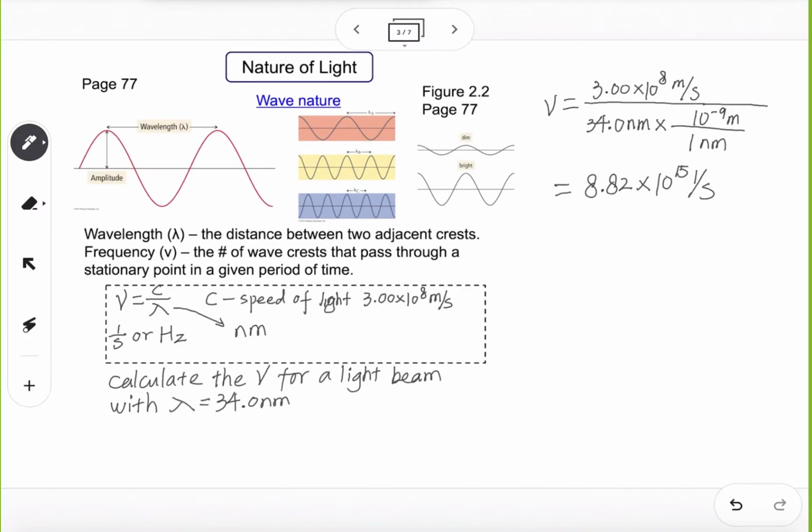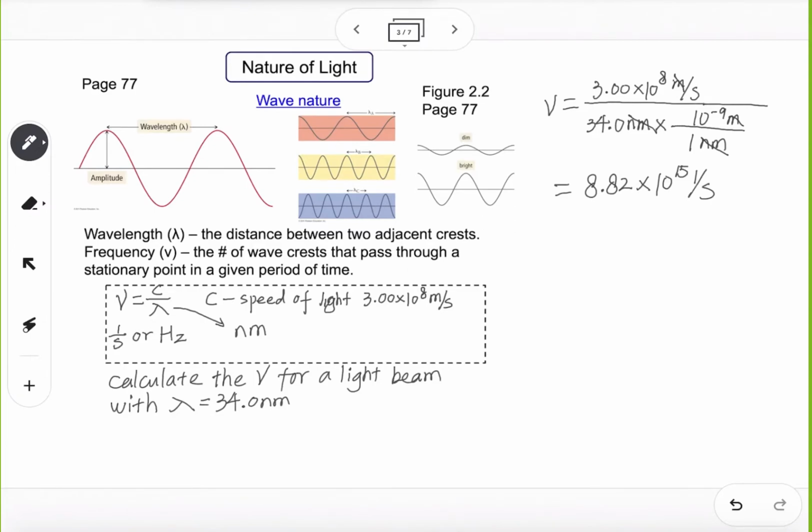Okay. Remember, how do we get this 1 over second unit here, which is also hertz, the unit of frequency. Okay. Let me show you. Well, nanometer gets canceled, right? And meter will also get canceled. So whatever is left for the unit is going to be 1 over second. That is how we get the unit.